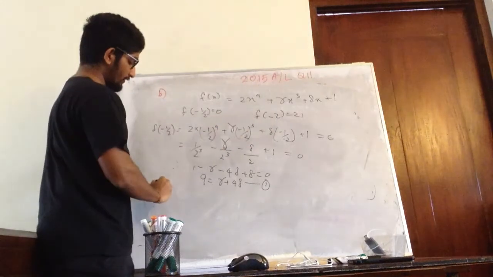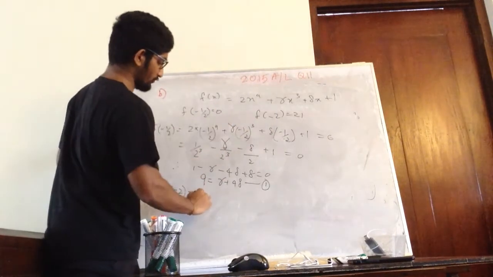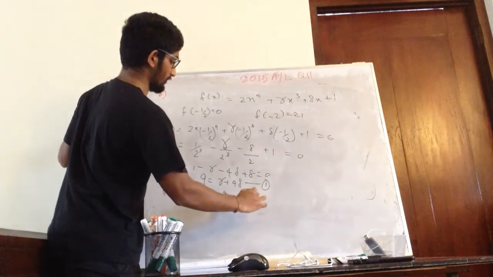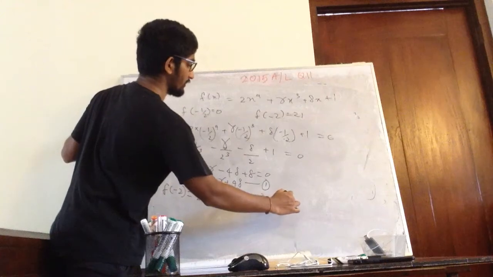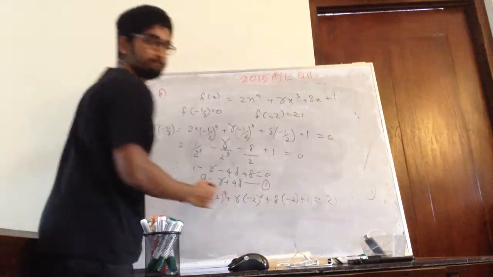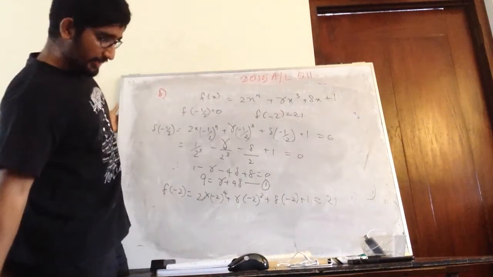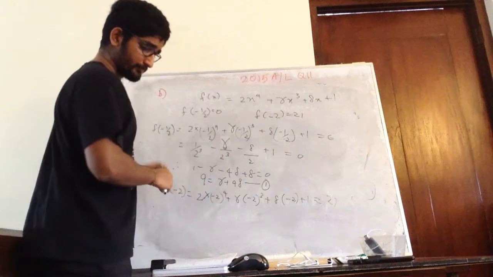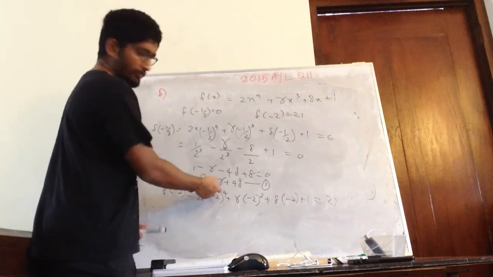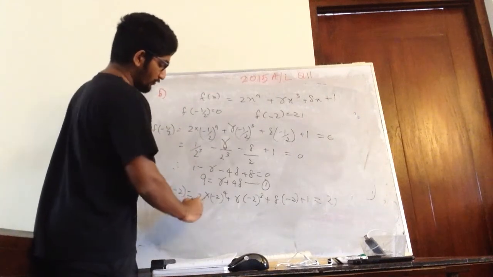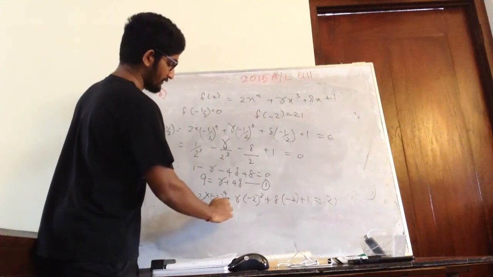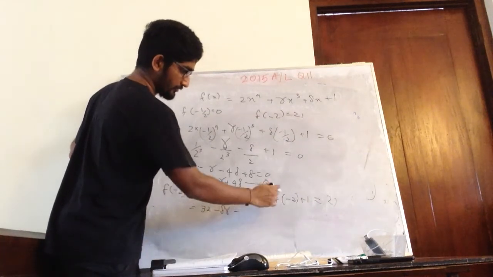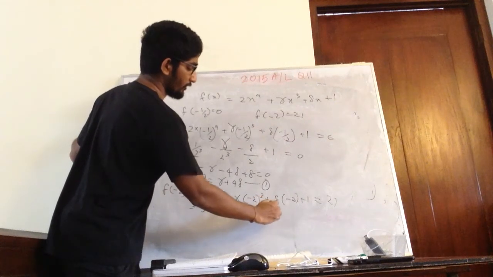Then I will take f(-2). That means 2 times (-2)^4, minus 8λ, minus 2δ plus 1 equals 21. Here (-2)^4 is positive, so 2 times 16 is 32.